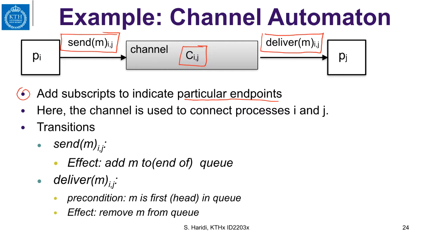That's what we mean by adding subscripts to a particular endpoint. So here the channel is used to connect process PI and PJ. For channel CIJ, we have the set of actions send M, IJ, and the set of deliver M, IJ, where M is the head of the queue, and the effect on the state is to remove M from the queue.